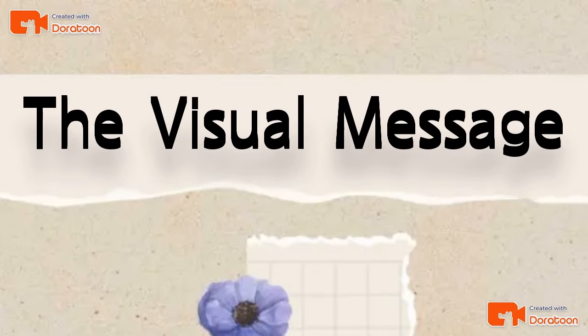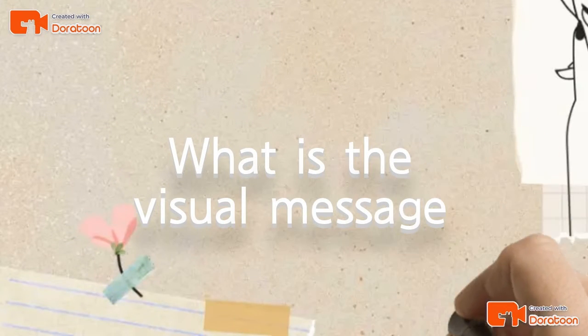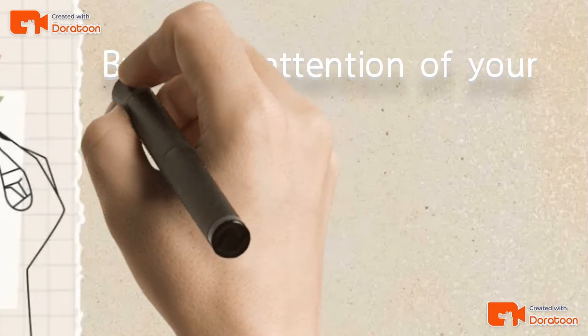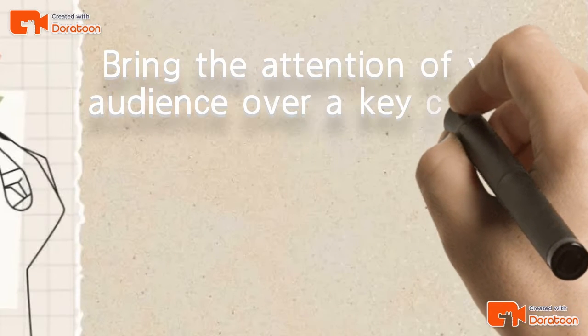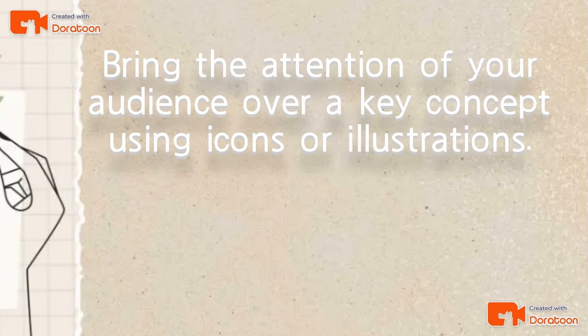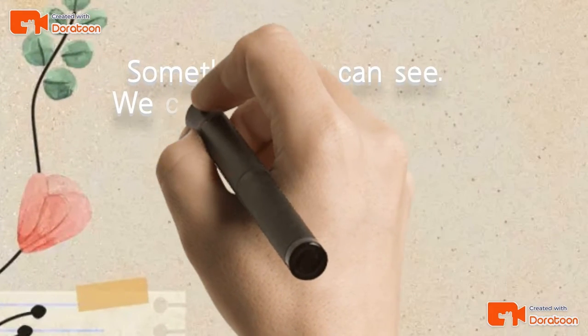The visual message. What is the visual message? Bring the attention of your audience to a key concept using icons or illustrations. Something you can see.